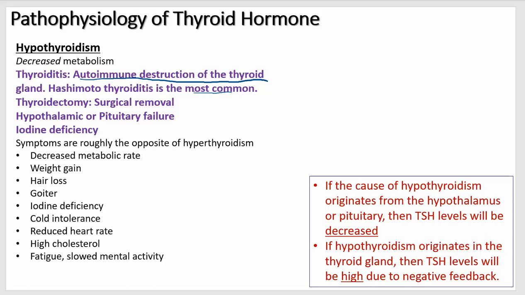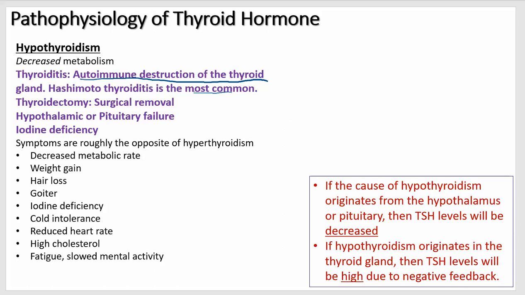Now, some other things, thyroidectomy. If you cut all or part of the thyroid gland out, so maybe there was a tumor on the thyroid gland, you can live without your thyroid gland. You just have to take supplemental thyroid hormone. Okay, let's see, and then hypothalamic or pituitary failure, iodine deficiency, or some others.